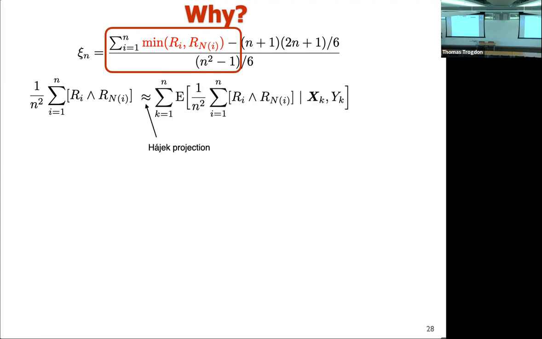And the essential idea of Hájek projection is that you give me whatever random variable you have. It should, at a high level, be approximately equivalent to this summation, and each term is a conditional expectation given only x_k and y_k.